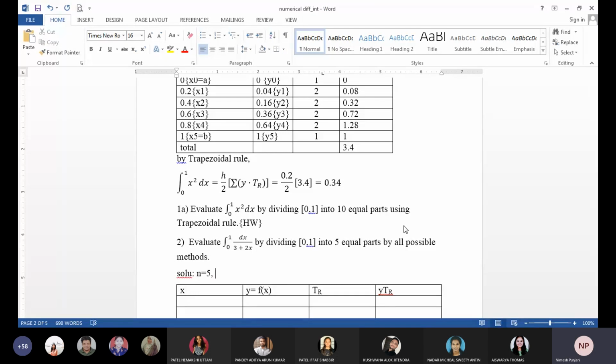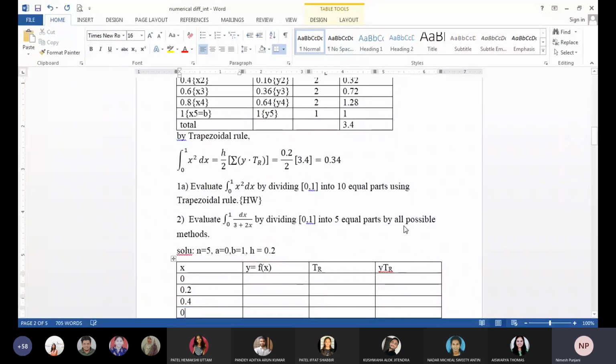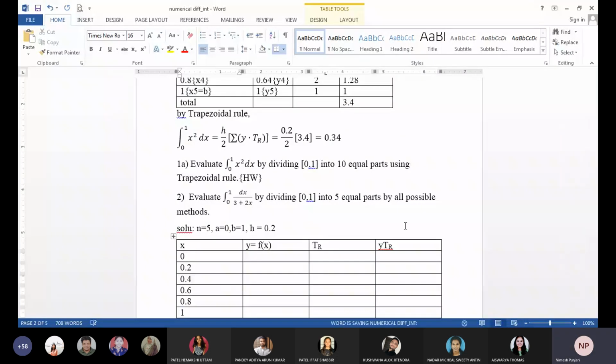N is 5, a is 0, b is 1, h is 0.2, that is 1 minus 0 divided by 5, since we have done the same limits and same n just now. So the values of x we also know now. The values of f, that is y, are what we have to calculate.